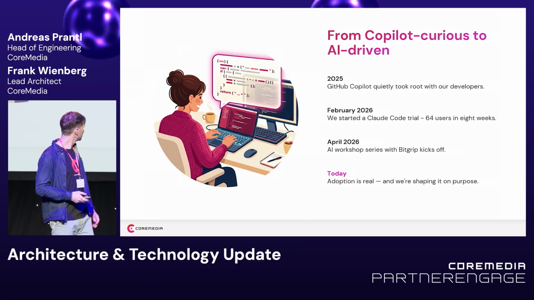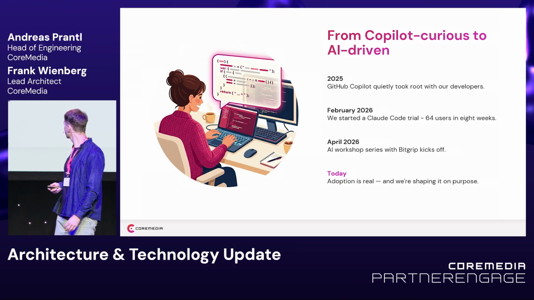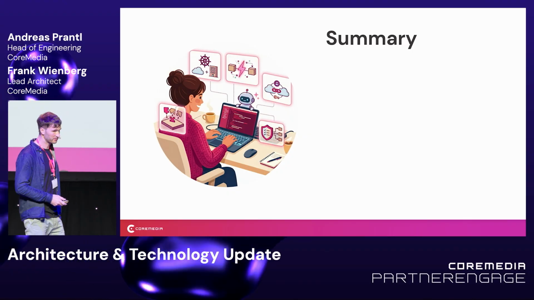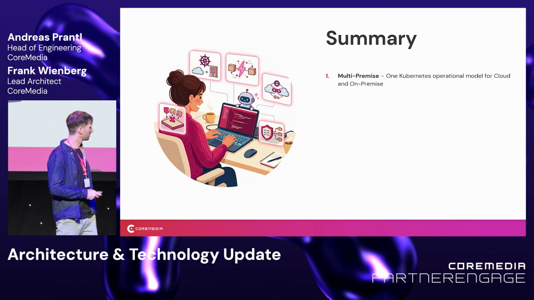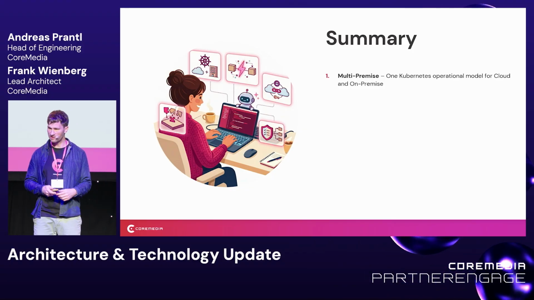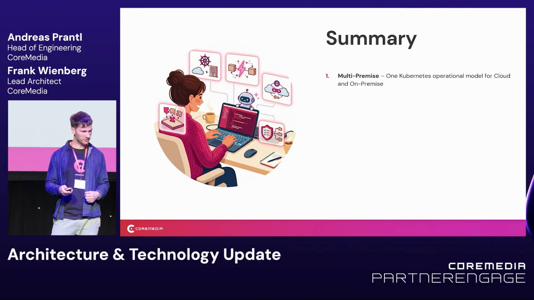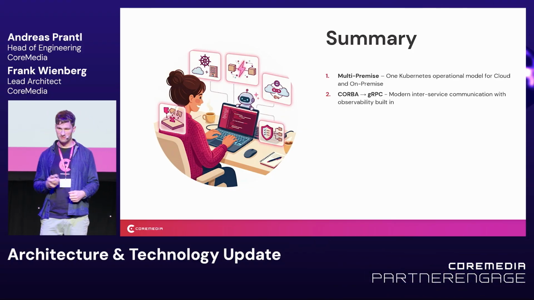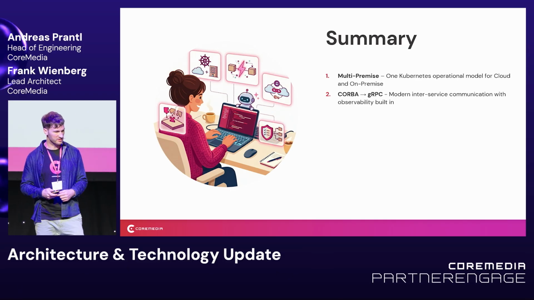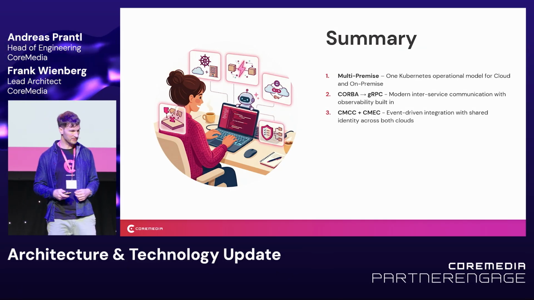And let me briefly sum up what Frank and I were talking about. First thing, multi-premise: one operational model for cloud and on-premise, an important one. gRPC, the modern inter-service communication protocol for the entire system, including observability.